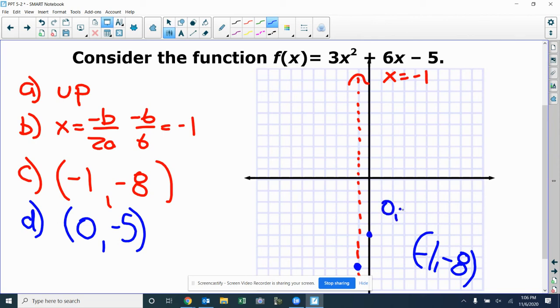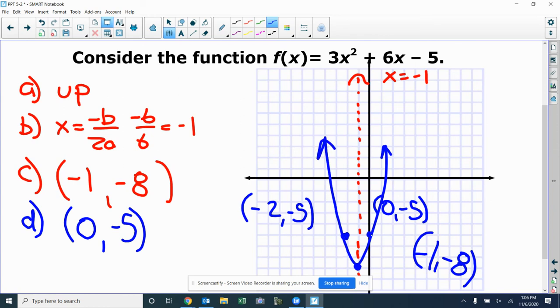That is 0, -5. My symmetry point right here is going to be, any takers? -2, -5, symmetry. We know this parabola opens up, going through those points. That didn't go through that point too good. There we have it. So this is E, our graph from yesterday.